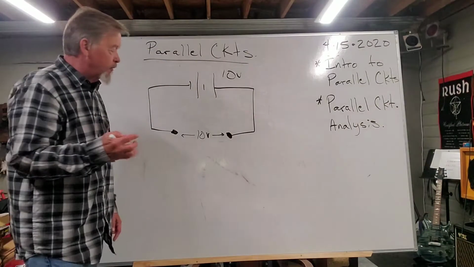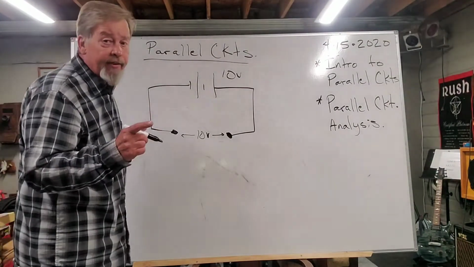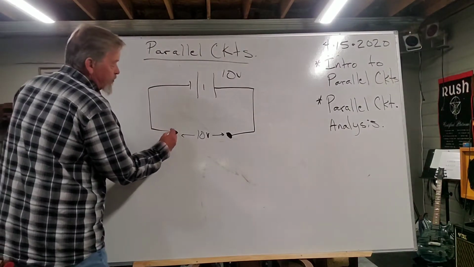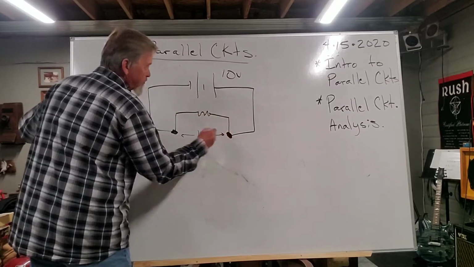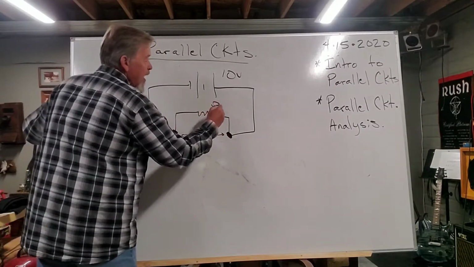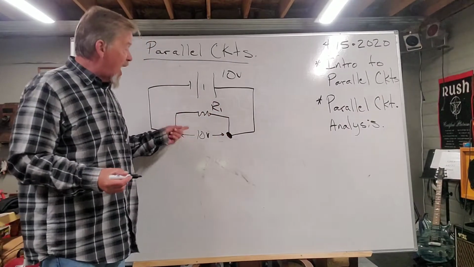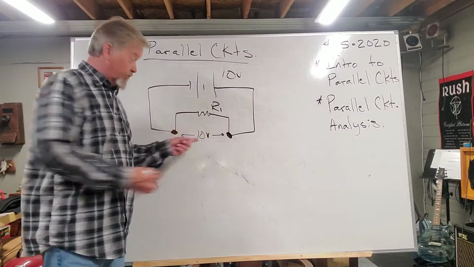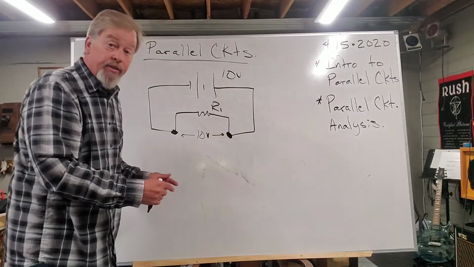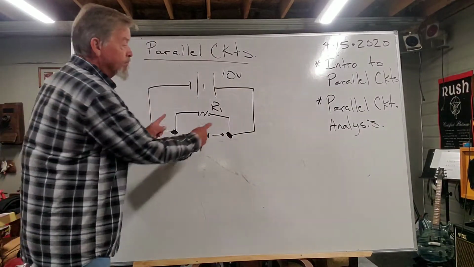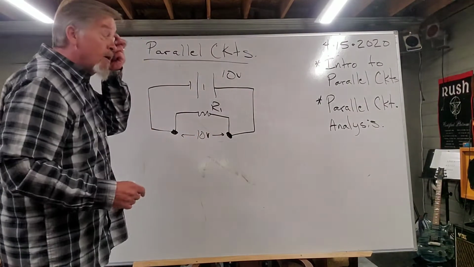Now here's the deal. If I were to connect a resistor from this point to this point, how much voltage would I have across that resistor? Well, the same 10 volts that I have between the 2 points, because I connected the resistor up to the 2 points.